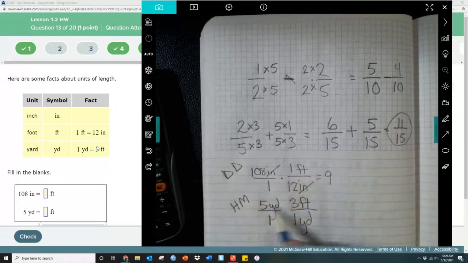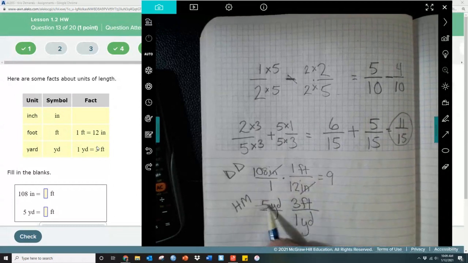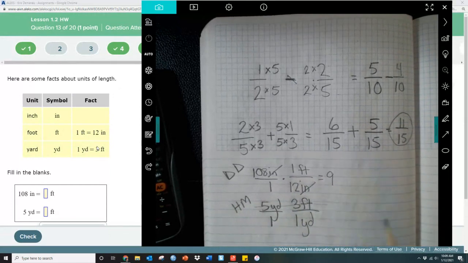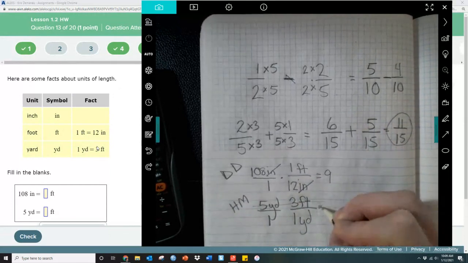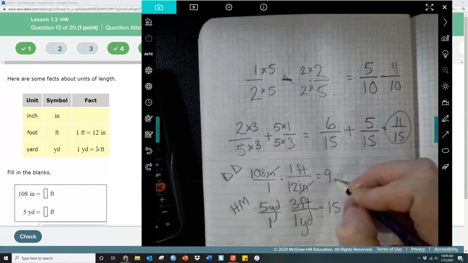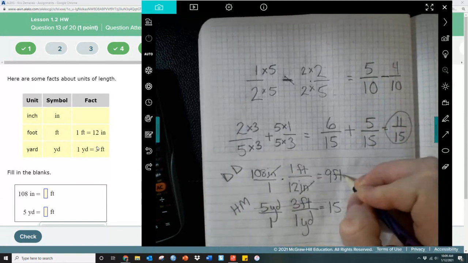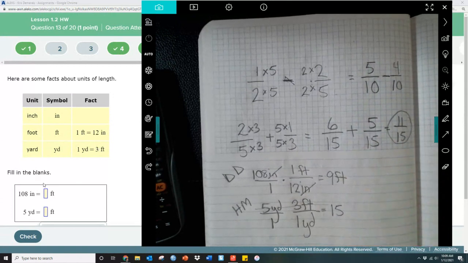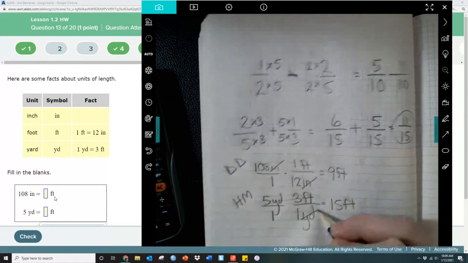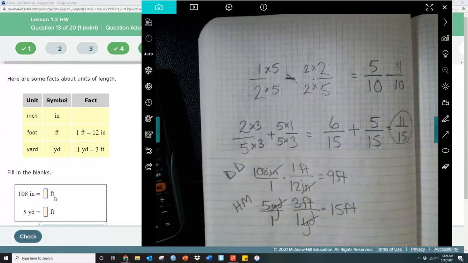So HM. Horizontal means it's on the same horizontal line. All right? So this is the same horizontal line. Therefore, we multiply, 5 times 3 is 15. So this is 9 feet, as already given to us by the indication here, and this is 15 feet as the yards are knocked out.